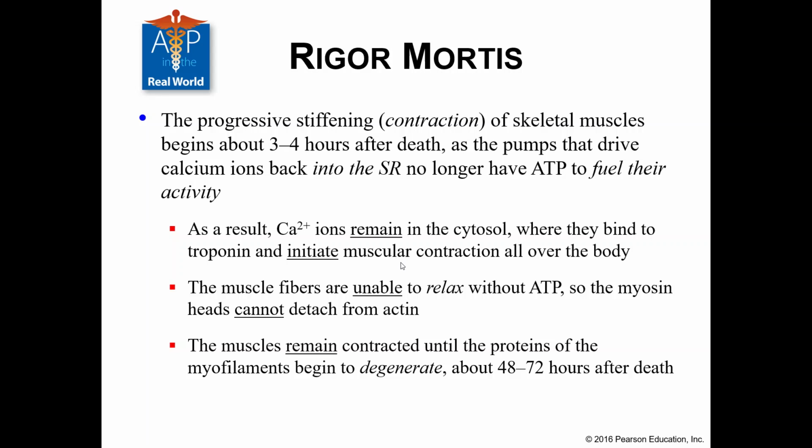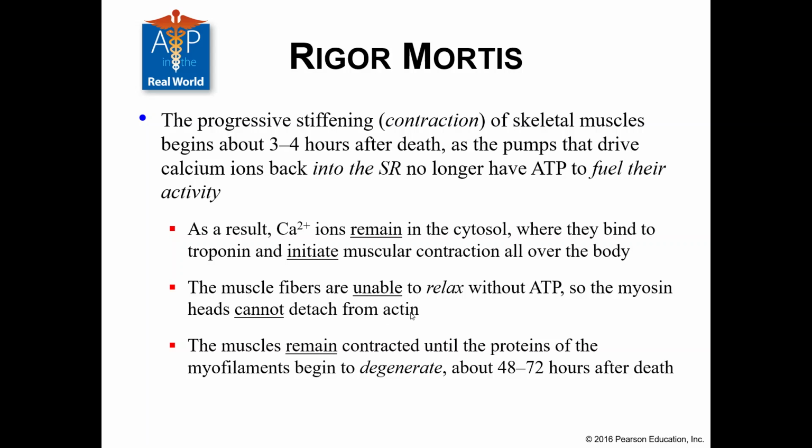We also alluded to the idea that if you wanted to move your myosins again, you would need more ATP. Well, you don't have any more ATP, so the myosin heads cannot detach from the actin, so they're just stuck.